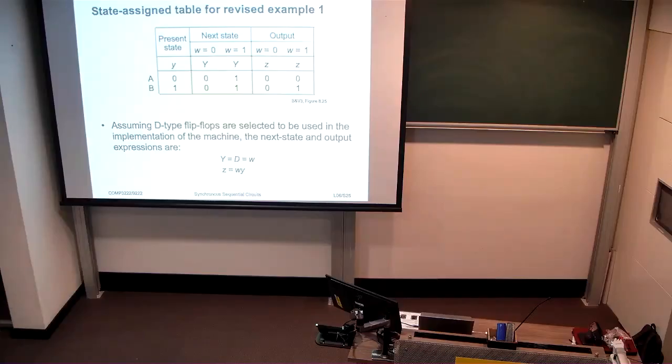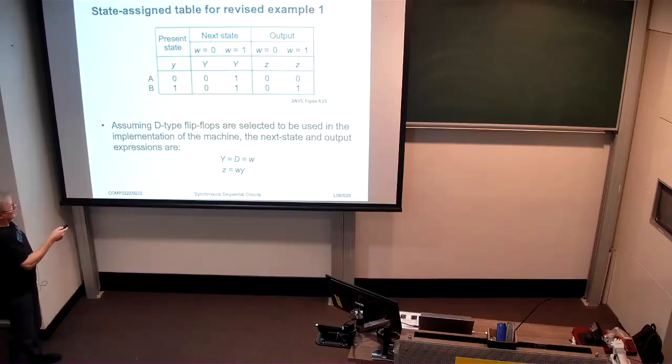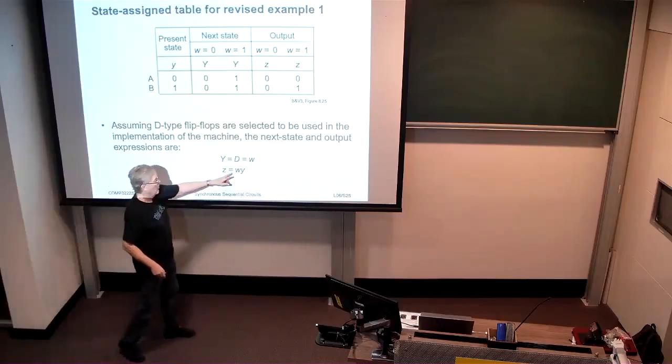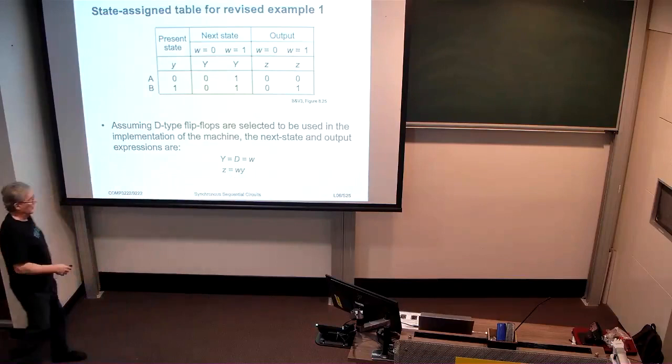So since B is the state that's entered when we have W equal to 1, obviously capital Y is just W, right? Because it's when W is 1. And as for the output, it's only 1 when we have W is 1 and we're in state B, which is y. So we have W and y for our output.